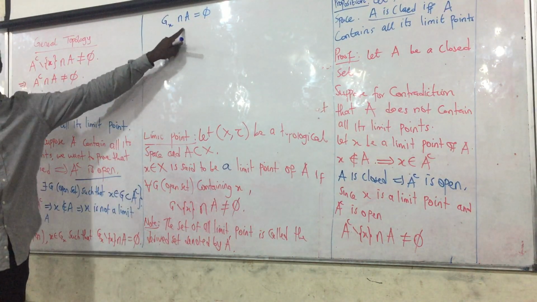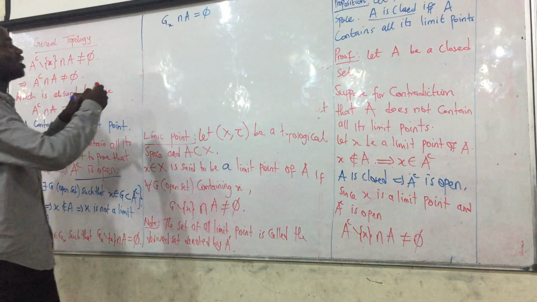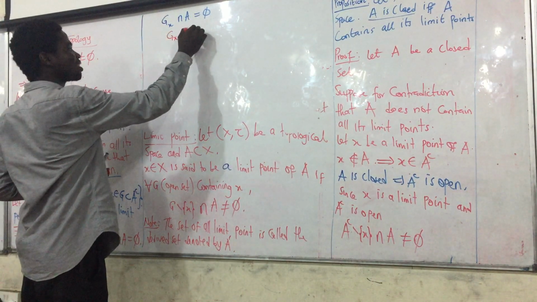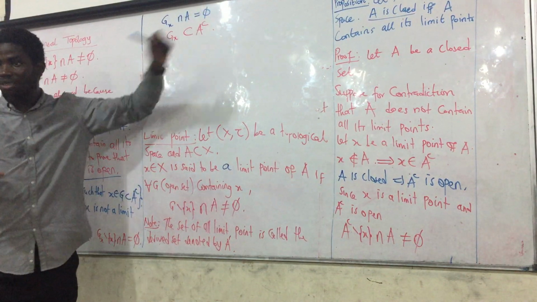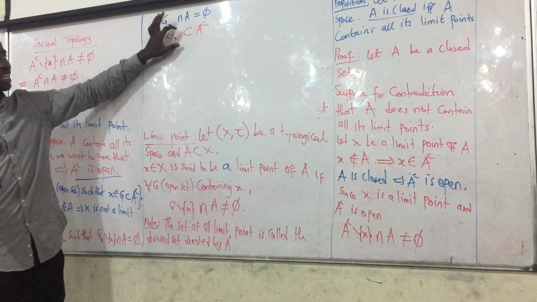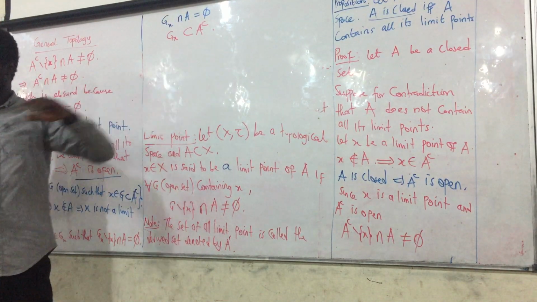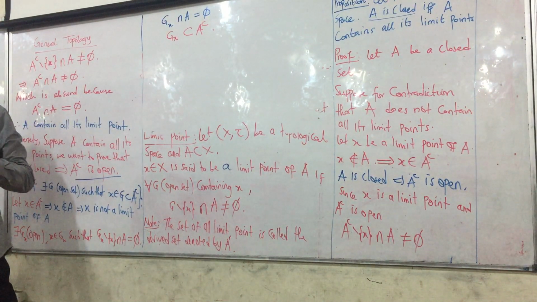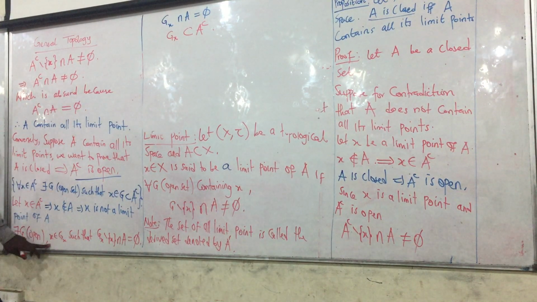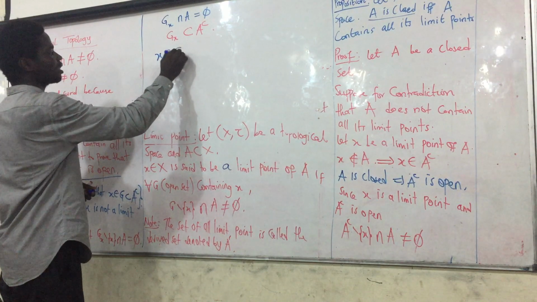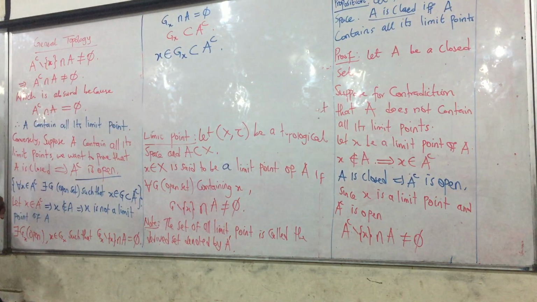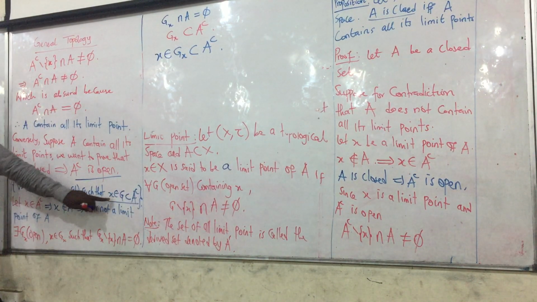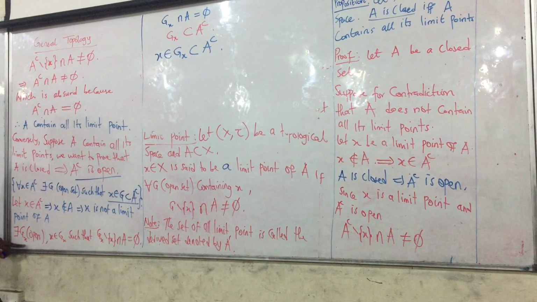So if G_S intersection A is empty, what does that mean? G_S is inside the complement of A, because if it's inside A, it will not be empty. So the whole of G_S is a subset of the complement of A. Do you get that? Don't forget, S is in G_S, and G_S is an open set.